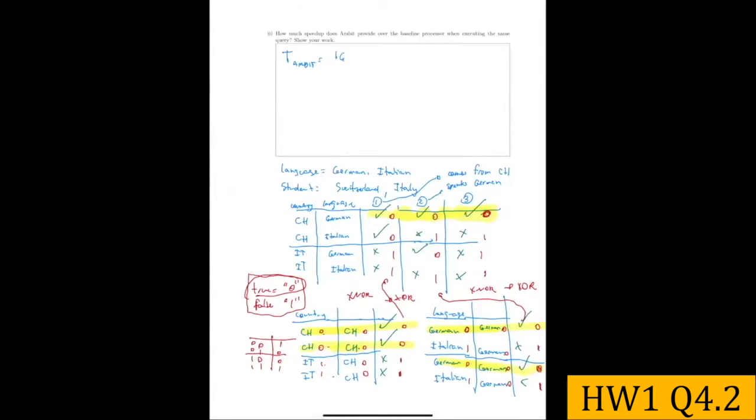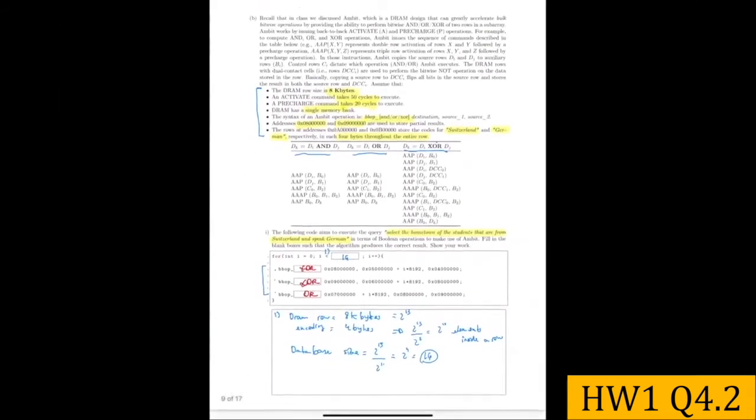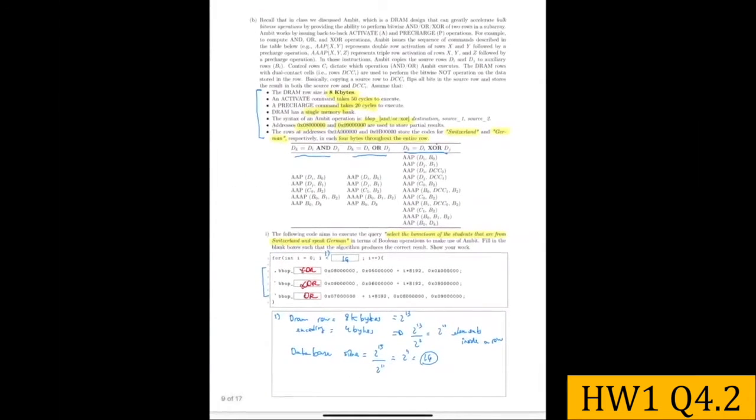And in this loop, you have 2 times XOR operation and OR operation, and the ANDs have 2 times. The number of operations that you're going to take to execute an XOR is how many APs and APs, right? This is what determines the latency.